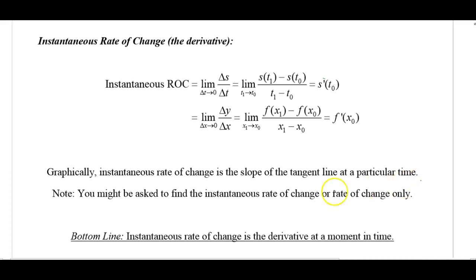Note, you might be asked to find the instantaneous rate of change or rate of change only. A lot of times they drop the word instantaneous. If you're asked to find the rate of change, you are to assume it's the instantaneous rate of change. The bottom line is, instantaneous rate of change is the derivative at a particular moment in time.